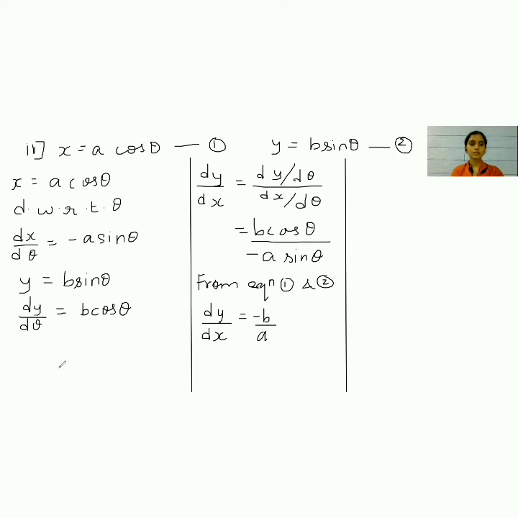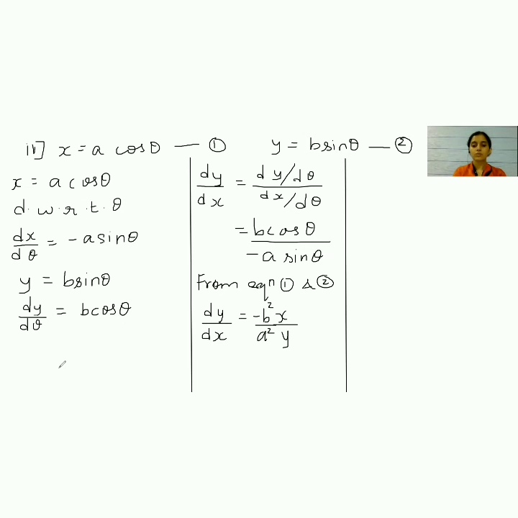Cos theta is x upon a, so it will be x upon a square, and sin theta is y upon b, which becomes b square upon y, reciprocal. So from equations 1 and 2, I have substituted cos theta and sin theta.